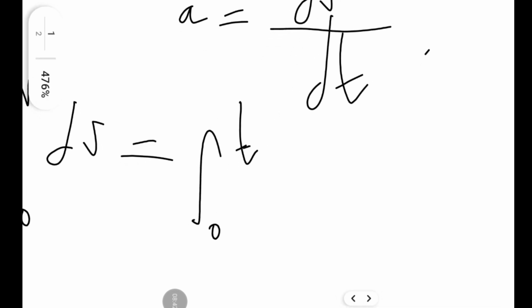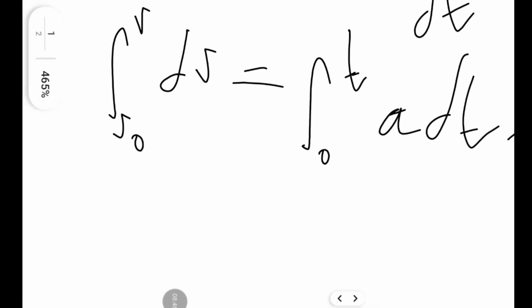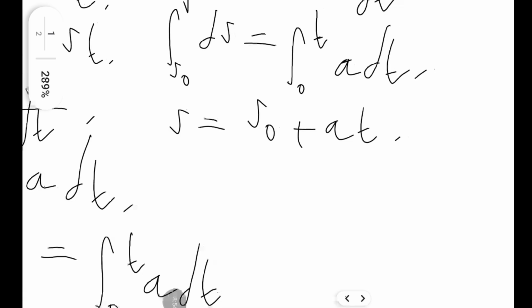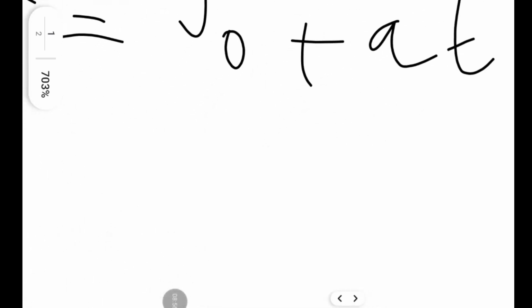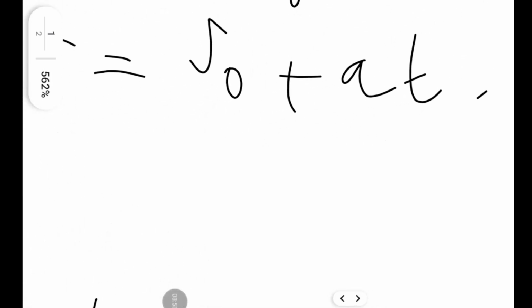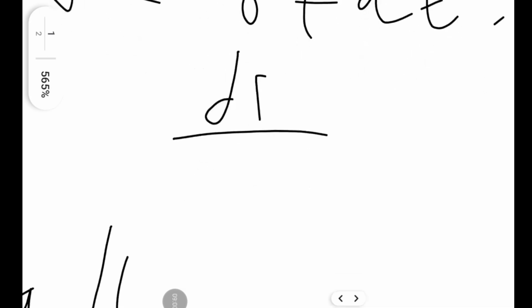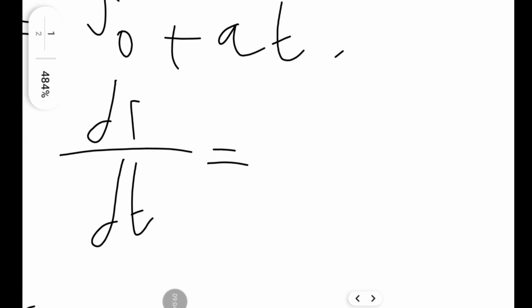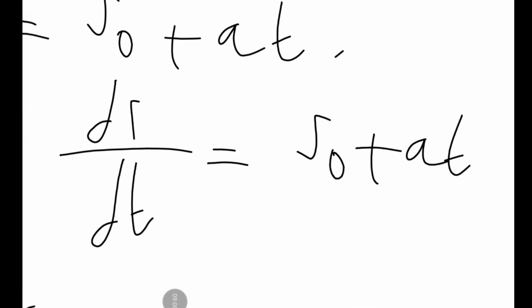We then have acceleration dt, and we already know what this turns into. This turns into v equals v0 plus at. We derived that before. The next part is the part with the displacement. We know that v, remember, is equal to dr by dt, which is equal to v0 plus at.